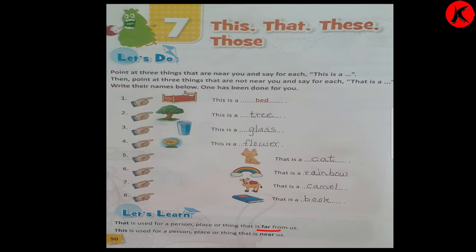That कभी यूज़ होता है फॉर पर्सन, प्लेस और थिंग के लिए, और वो जो बहुत ही दूर है. दिस इज़ यूज्ड फॉर पर्सन, प्लेस, थिंग नियर अस. दिस कभी यूज़ होता है जो हमारे करीब में है. This is used for a person, place or thing that is near us.